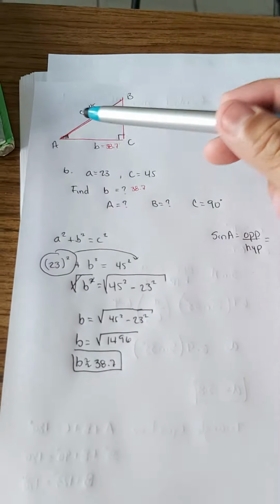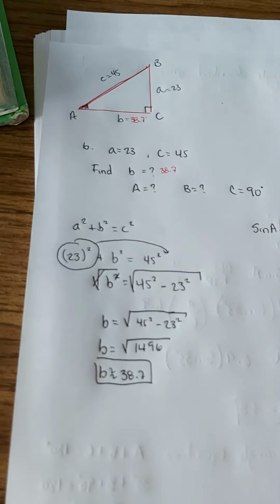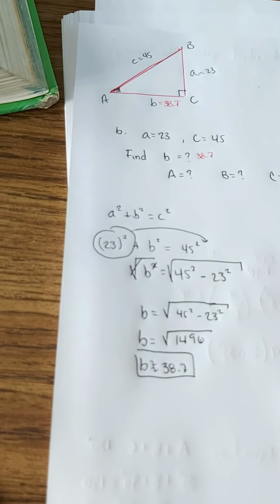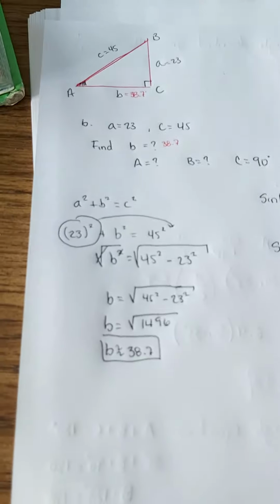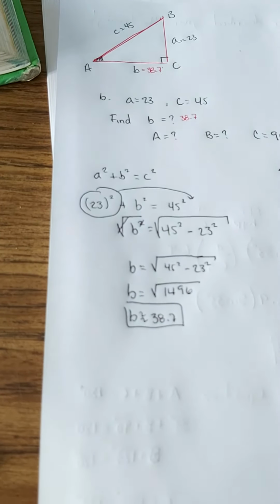That means side A over side C. Sine of A equals opposite 23 over hypotenuse 45. But we don't want sine of A, we want A. So what do we have to do? Apply to both sides of our equation the inverse of sine. That means the arc sine.